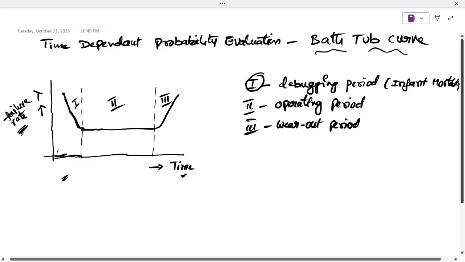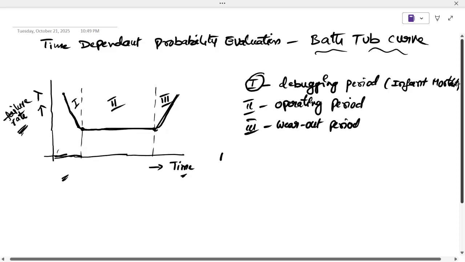That is the second phase, the operating phase, from here to here. Afterwards the failure rate gradually increases with respect to time. That is the wear out period. Now we'll see the reason for this debugging period.